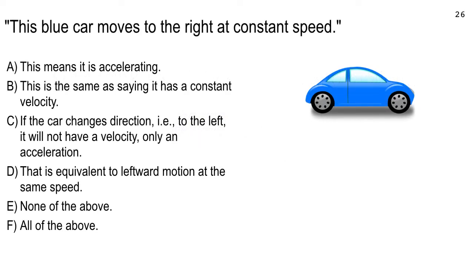Just think about this one. This blue car moves to the right at constant speed. Which one of those statements is correct? Hit your refresh button, and all you have to do is click in a letter with the 5-letter keys.